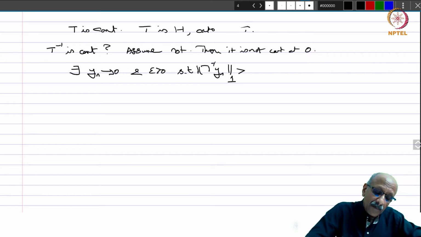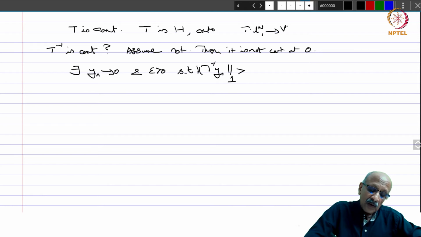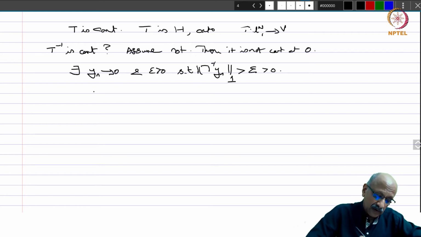T is from Ln1 into V. So T inverse yn in norm 1 is bigger than epsilon, which is bigger than 0. This is the contrapositive statement of the fact that it is not continuous at the origin.